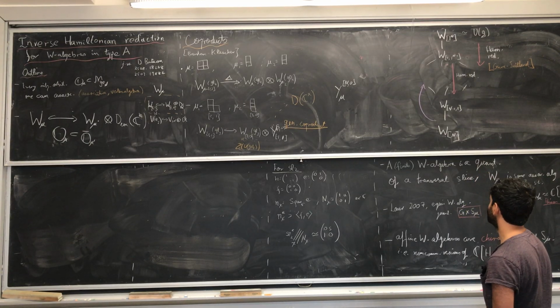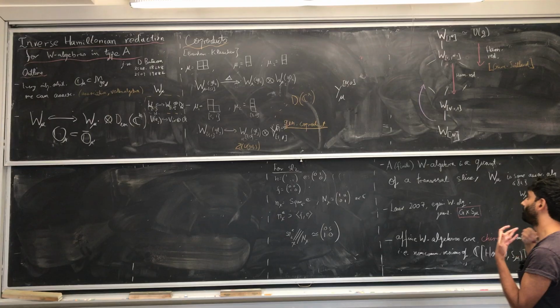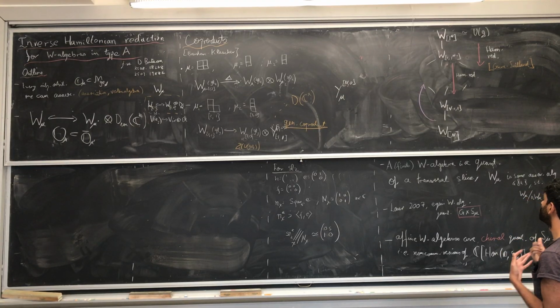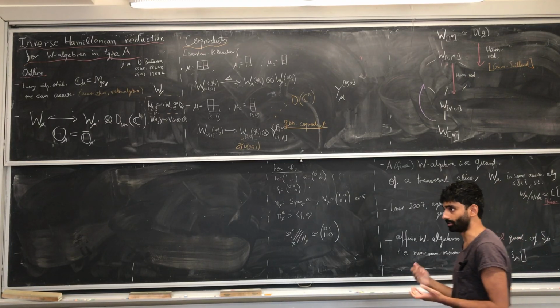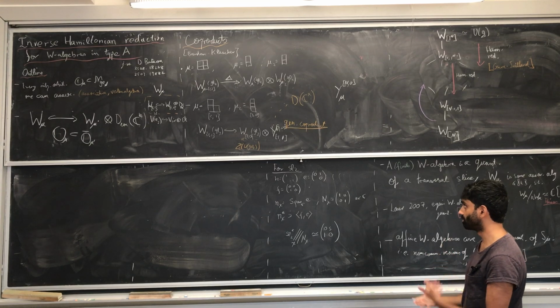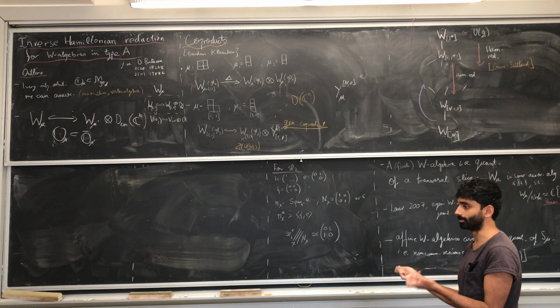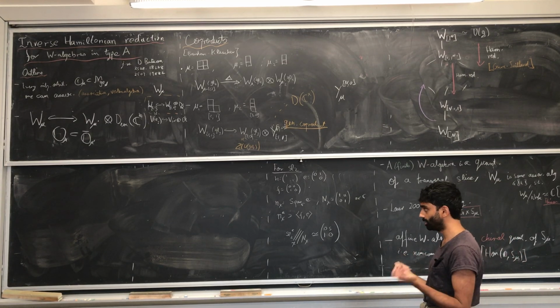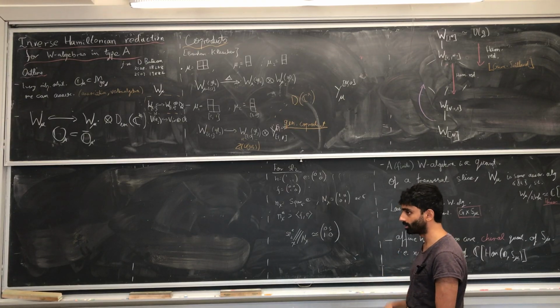Another reason is that for the vertex algebras, something that VOA people are interested in is what these inverse Hamiltonian reduction maps have to say about the representation theory of vertex algebras. So you can start with modules of the Virasoro or W3, and you can produce modules of the current algebra or the Bershadsky-Polyakov algebra using those.